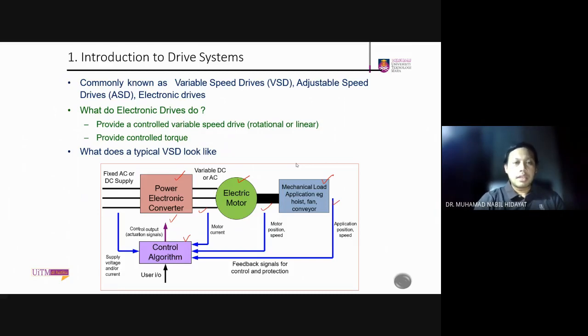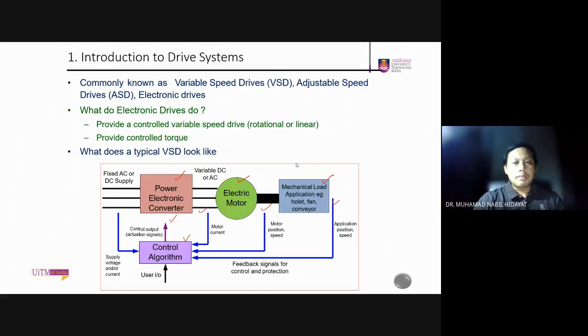So how does a VSD look like, in blocks in system? First you have your electric motor. Then you have your mechanical load, the application, the hoist, or conveyor, or whatever mechanical load that is needed. The electric motor is connected to the power electronic converters that provide the power to the electric motor.